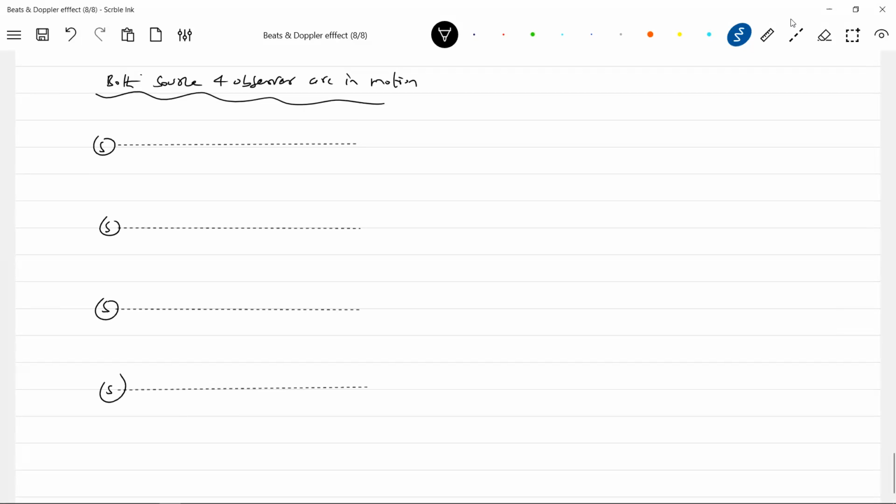Source. This will be an observer or detector. First case, source and observer are moving towards each other. Next, they are moving away from each other. Next, source follows observer. Observer follows the source. So the source will generate a signal at frequency f.